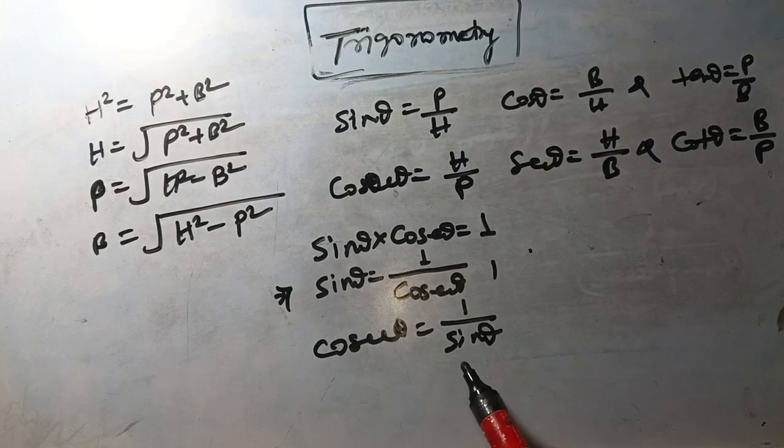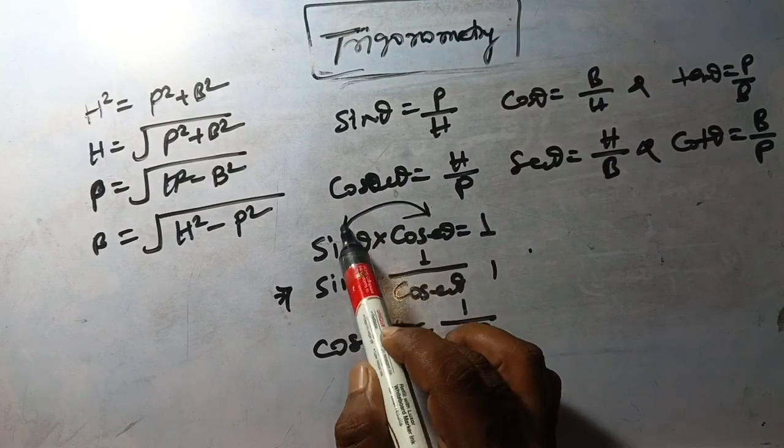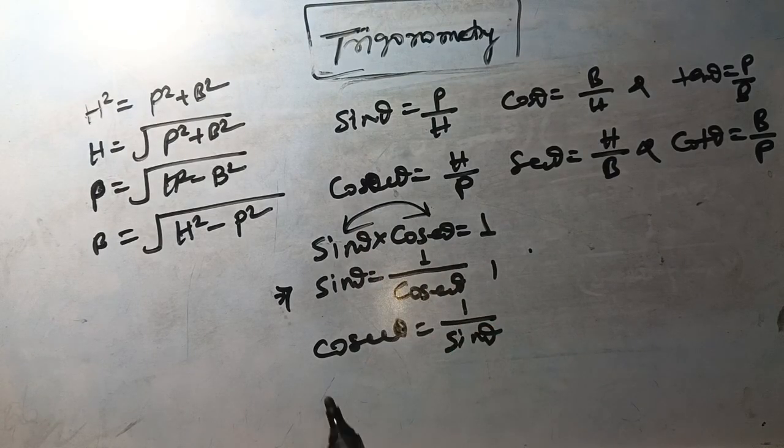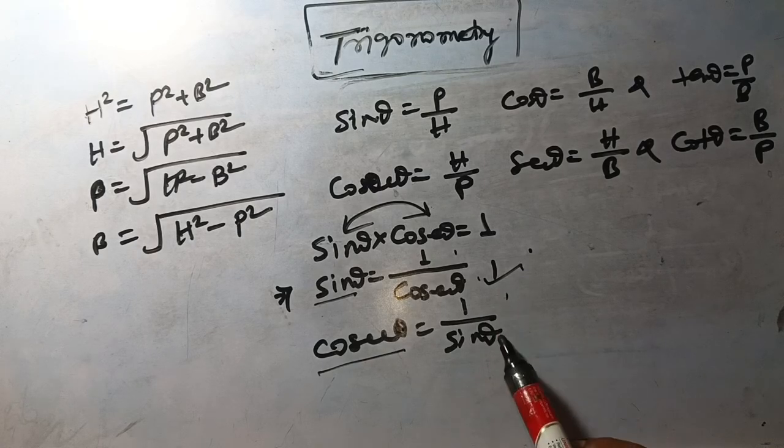We can write it in this way because we all know sin and cosec are reciprocals of each other. So we can write sin theta as 1 upon cosec theta and cosec theta as 1 upon sin theta.